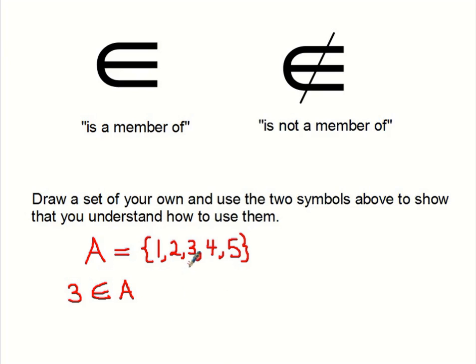When we look, we say that the number 3 is in here. And if I write 7 is not, so here we go, with a forward slash, an element of set A, 7 is not an element of set A, then that is also true.